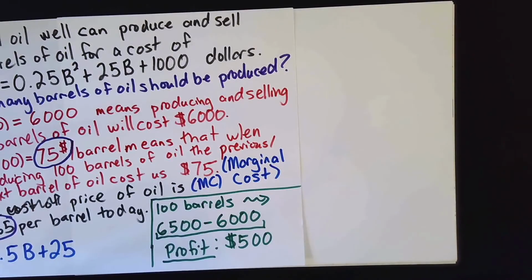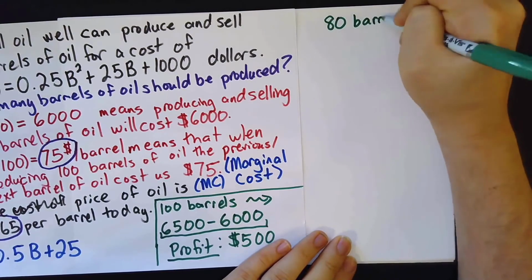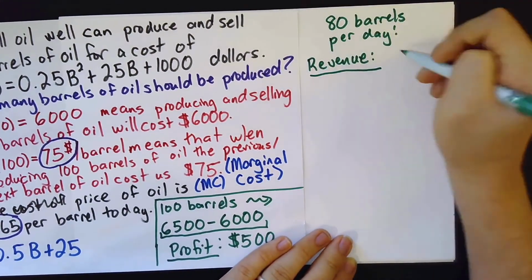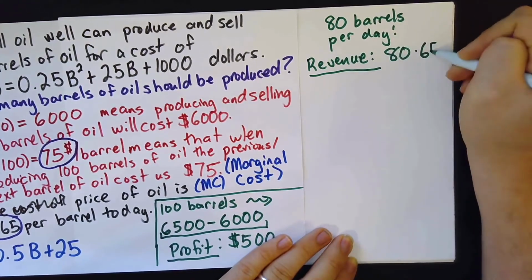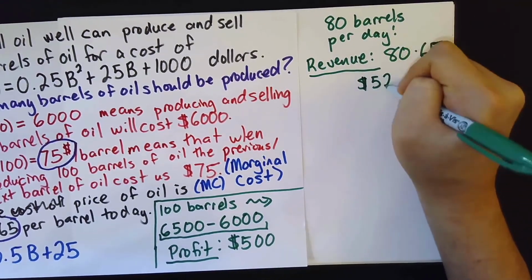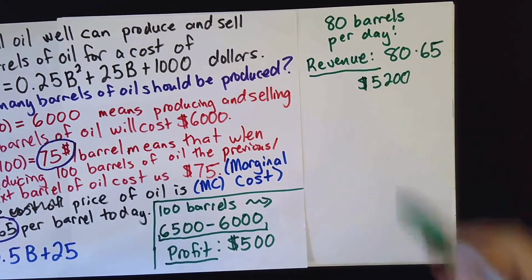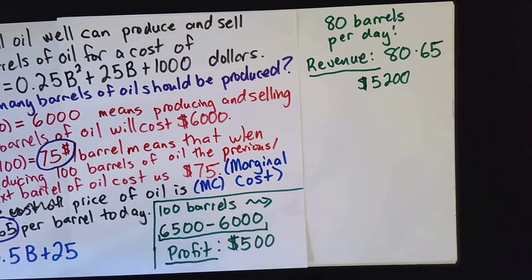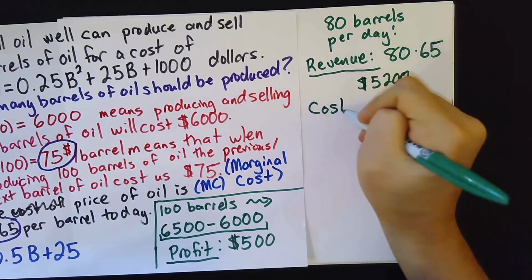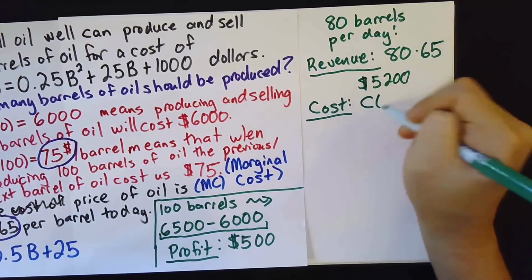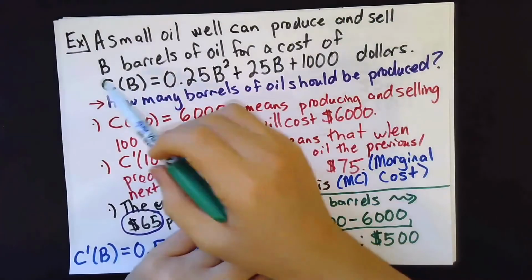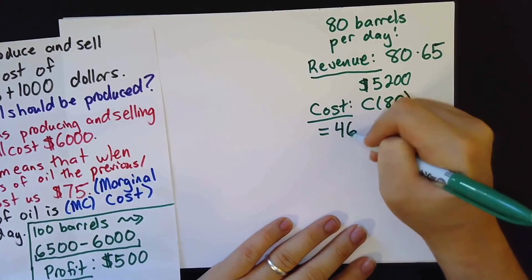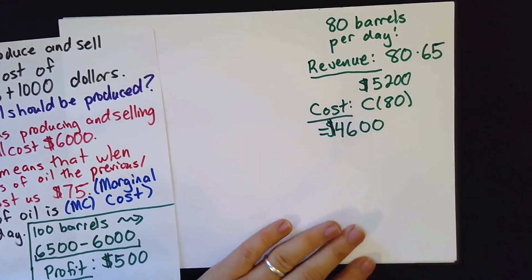If we now instead make 80 barrels per day, that will give us a revenue of 80 times 65, which is $5,200. And do note that $5,200 is less than our revenue was when we sold 100 barrels. But our cost will also be lower, because this is C of 80. And if you plug 80 into this function, then you will get 4,600. Okay, and that's also in dollars.